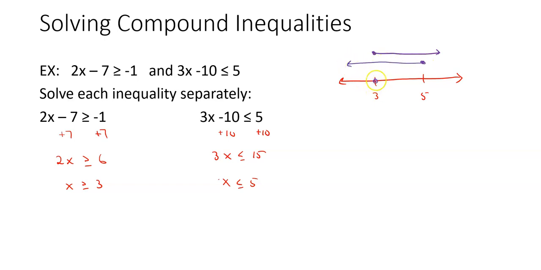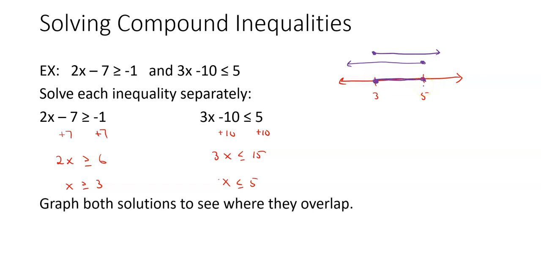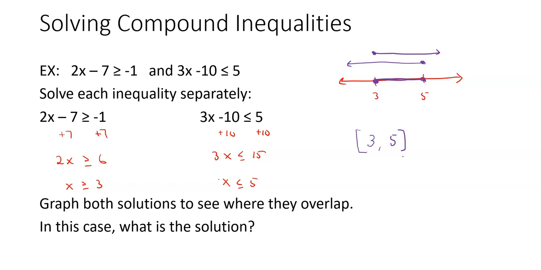So they overlap between 3 and 5, including the 3 and including the 5. Any value that you put in between 3 and 5, including the 3 and including the 5, will work in both equations. Anything that you put in that's smaller than 3 or larger than 5 won't work. And in fact, they might work in one of the equations, but not both.